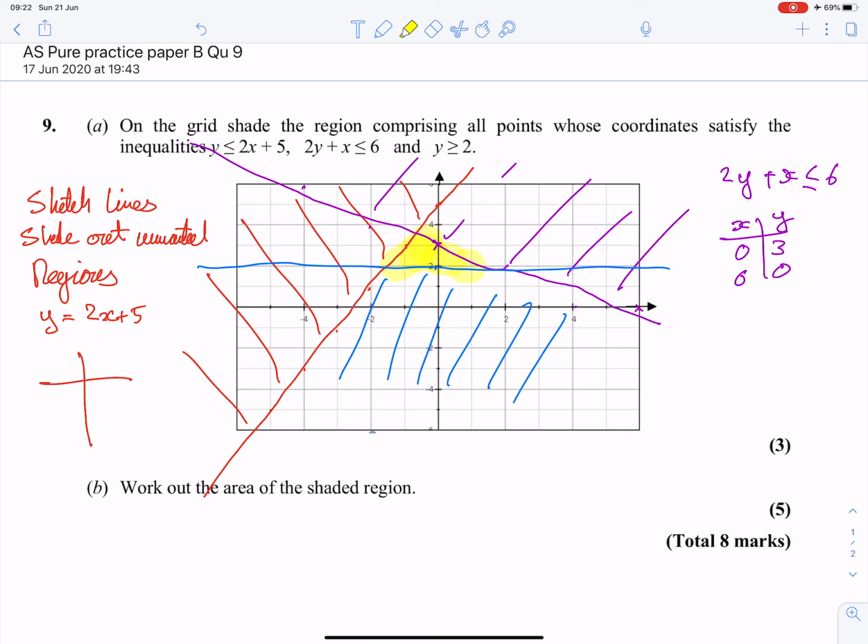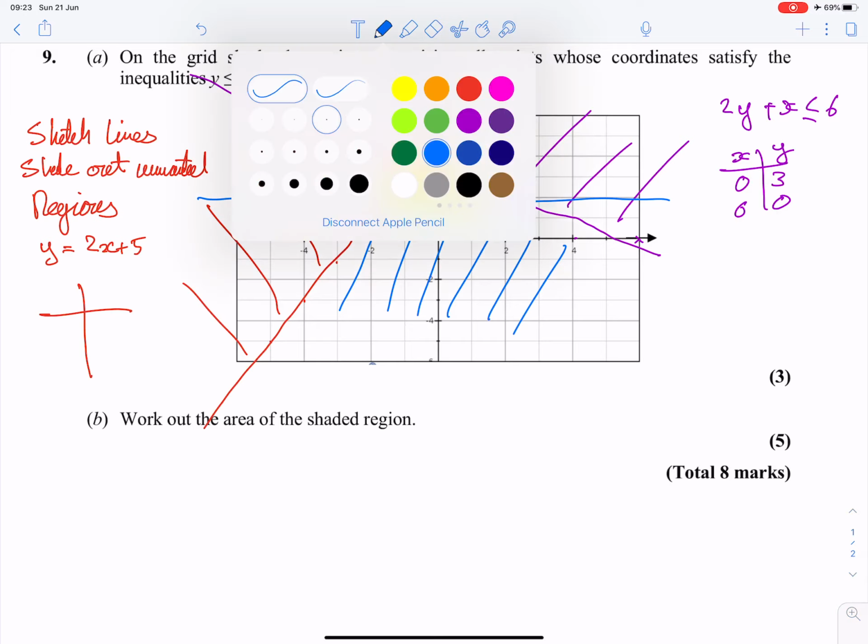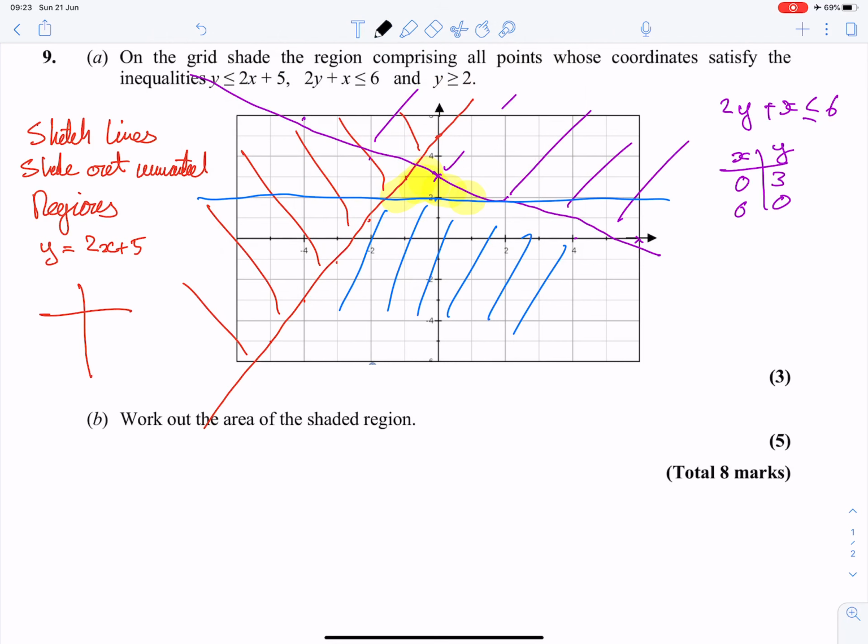Part B, work out the area of the shaded region. So we've got a triangle there. So we need the area, the base and height. So we need the points of intersection between the lines. So let's call these 1, 2, and 3.